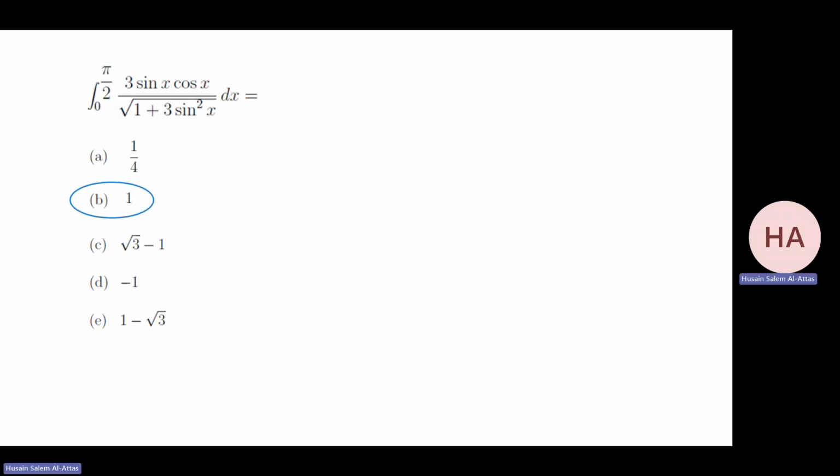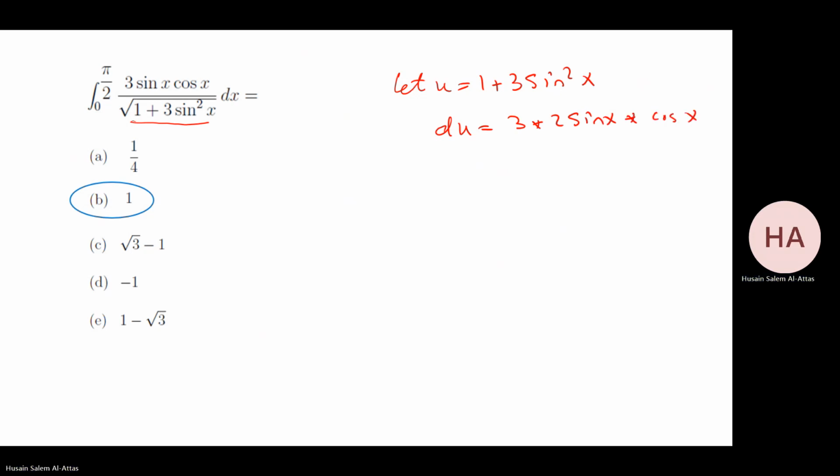This one. What I will do, very clearly, I'll take this as u. Let u be 1 plus 3 sine square x. What will be du? Du will be 3 times 2 sine x times cosine x.